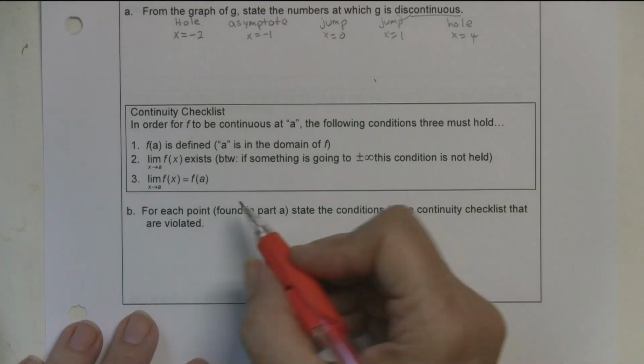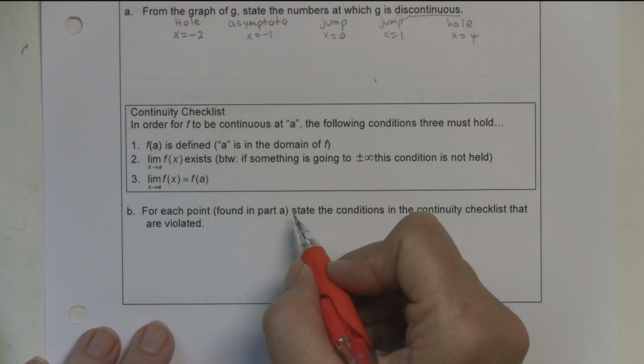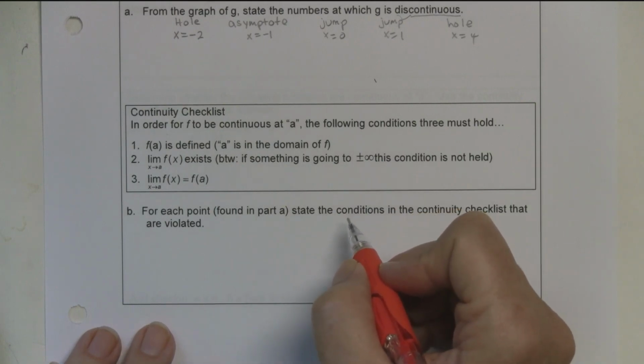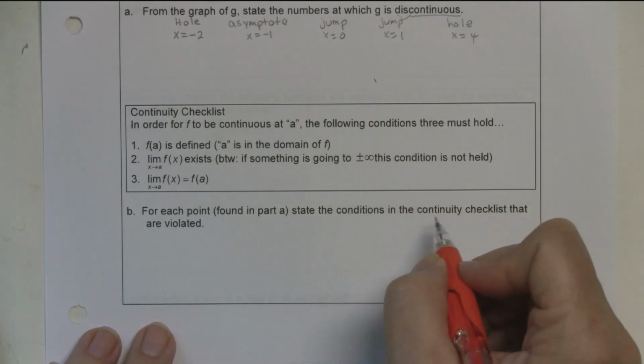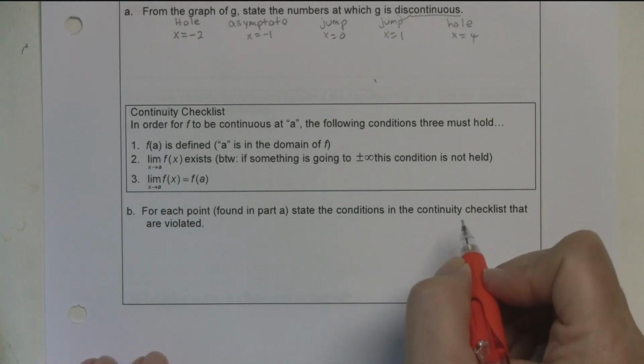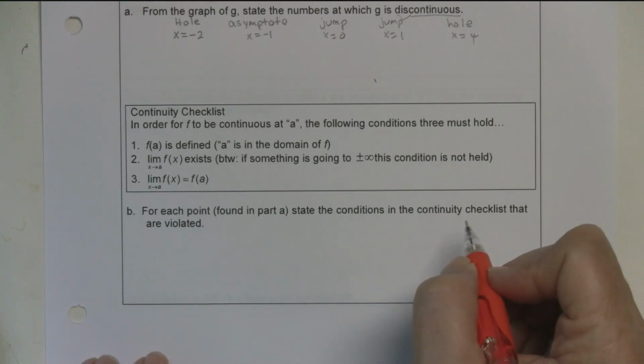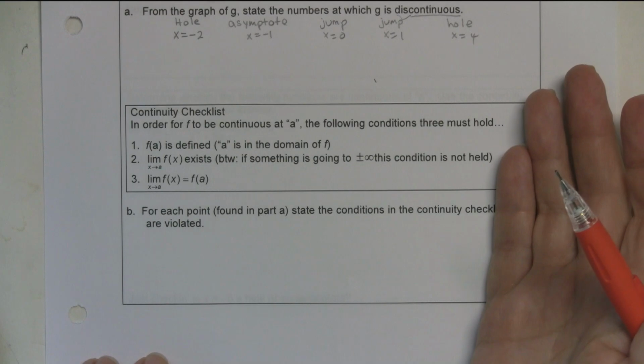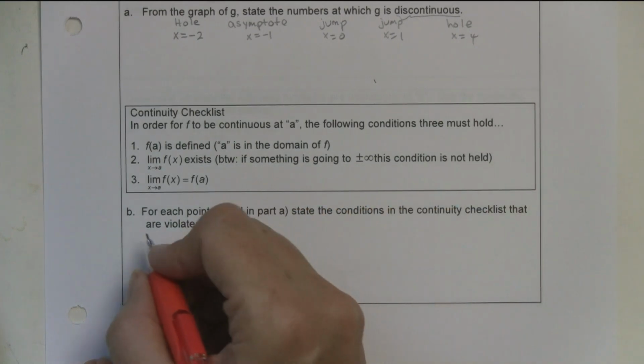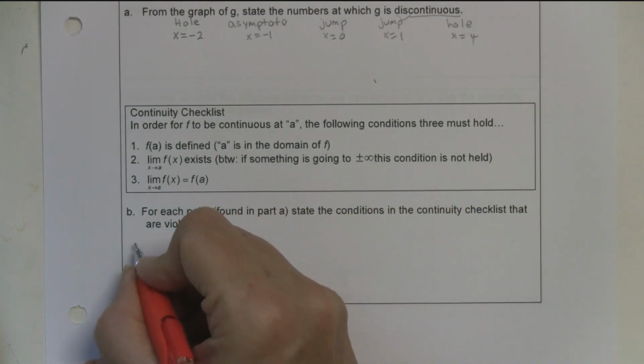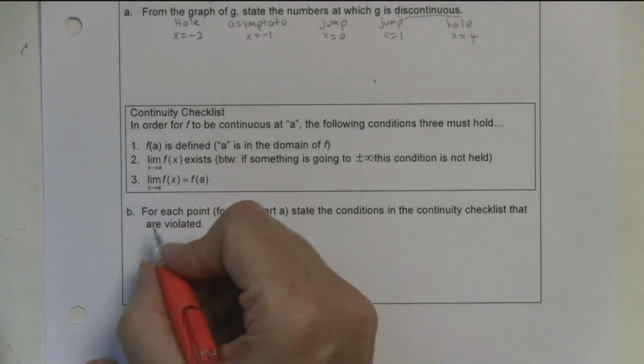So they want us to look at, for all the things found in part A, state the conditions. So these are our values for A that we're looking at, places. They want us to say which part of the checklist is violated, and it might be more than one part of the checklist. So the first one is at -2.